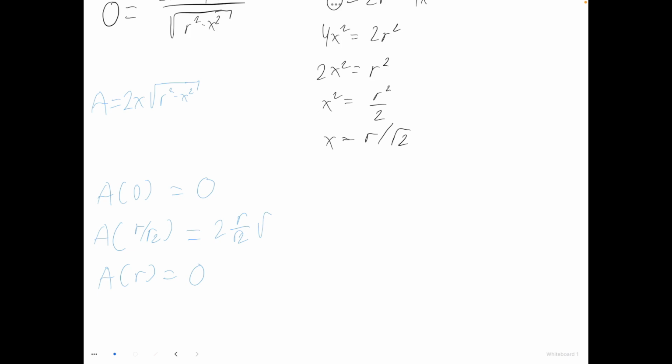square root of 2 times the square root of r squared minus r squared over 2, which equals 2r over the square root of 2 times the square root of r squared over 2, which equals 2 times r over the square root of 2 times r over the square root of 2, which equals just r squared.